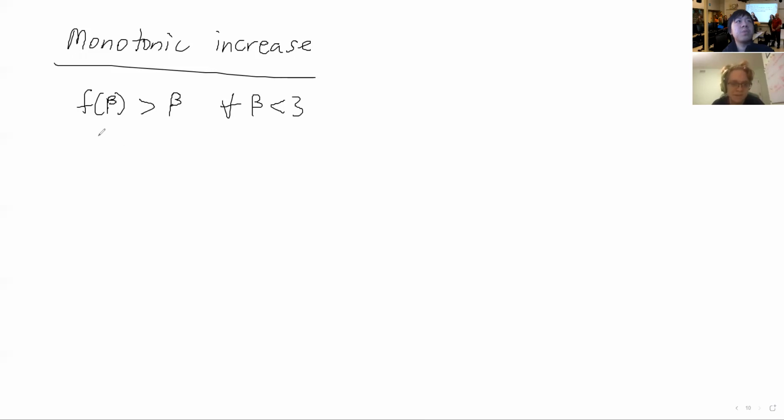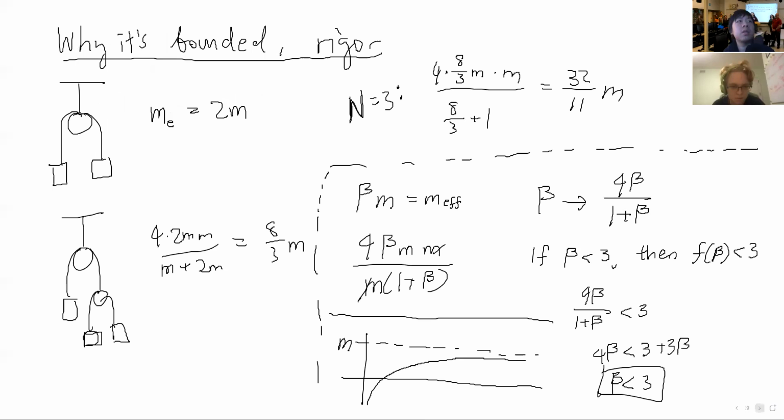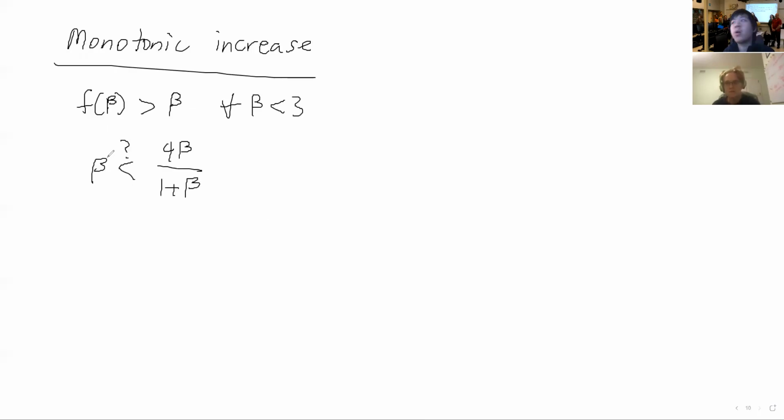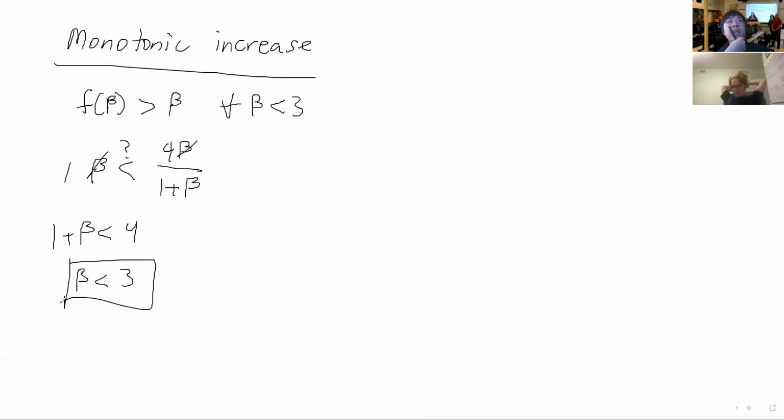So you have beta less than 4 beta over 1 plus beta. So this is correct. We know that beta is positive, so we can get rid of one of these. Then we get 1 plus beta is less than 4, hence beta is less than 3. This again is just the assumption that we made from the beginning.